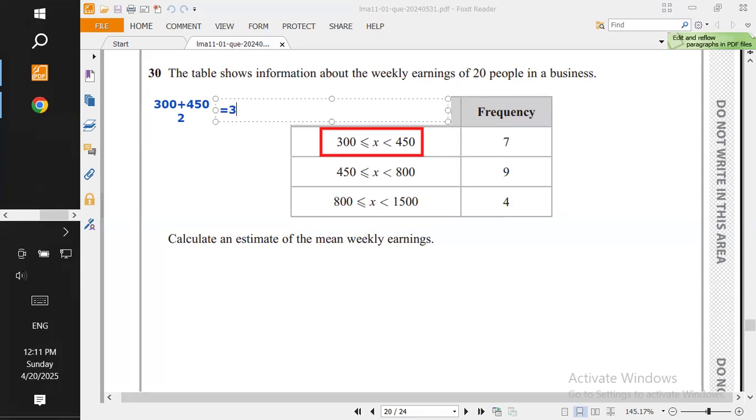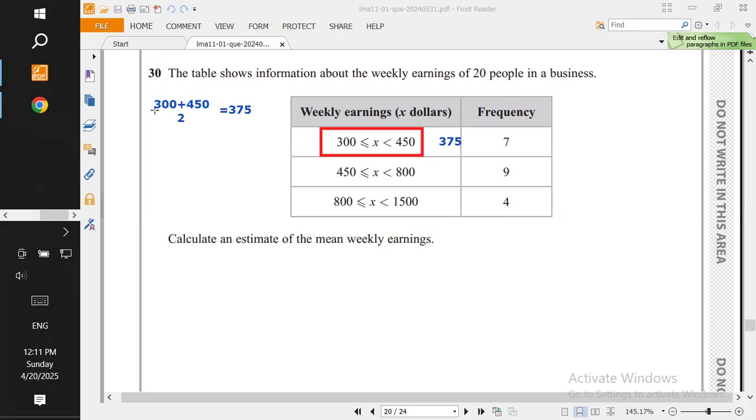Divided by 2 is 375. Yes, you can use the calculator to check. You have to focus on the numbers. Make sure that you have the right numbers without any mistakes, okay? So the first midpoint is 375.